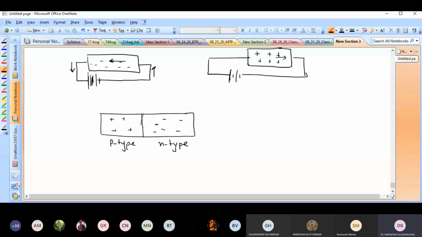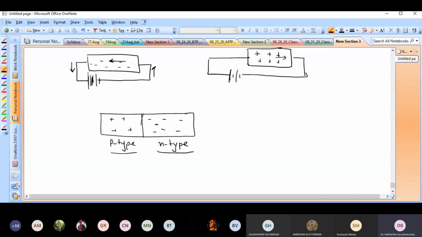They take a silicon crystal and dope one half of it using some trivalent material so that you get a p-type semiconductor for that half, and they dope the other part with a pentavalent, or donor, impurity, so that they get an n-type semiconductor.